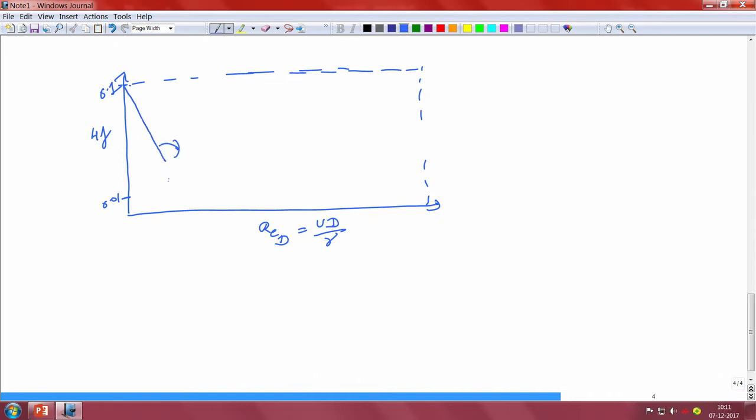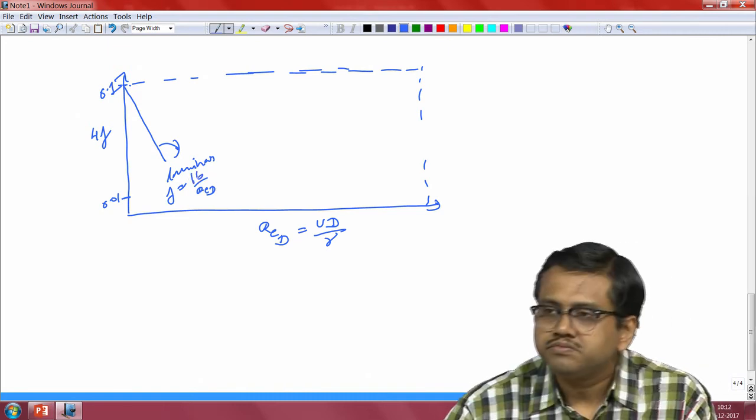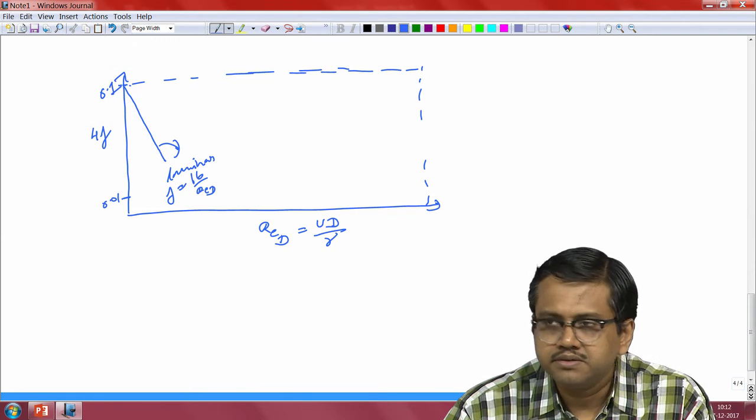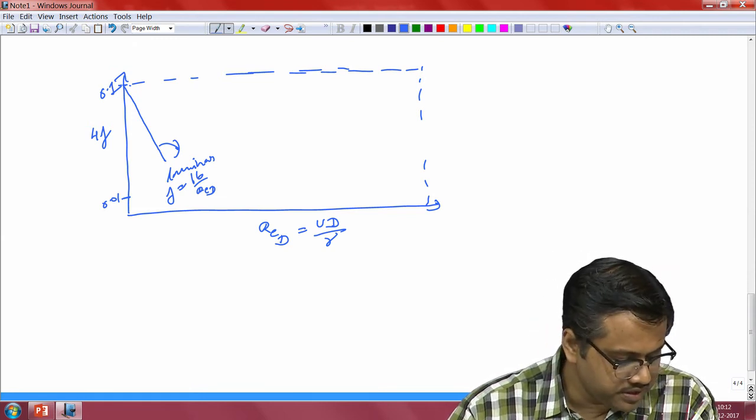As you can see, the drop is very sharp. f is 64 by RED, and because it is plotted with 4f, this will be 16 by RED. So, that will be the laminar profile.